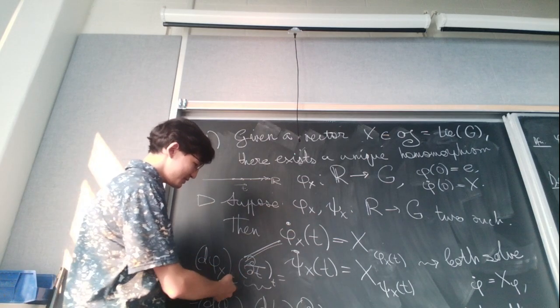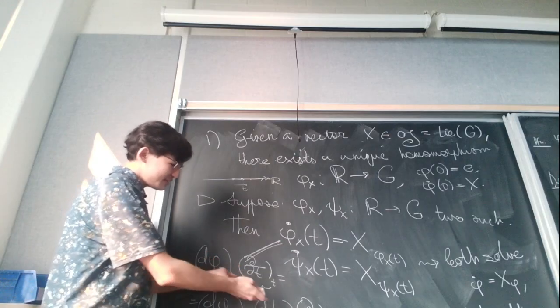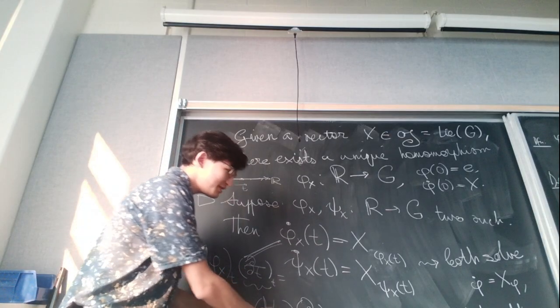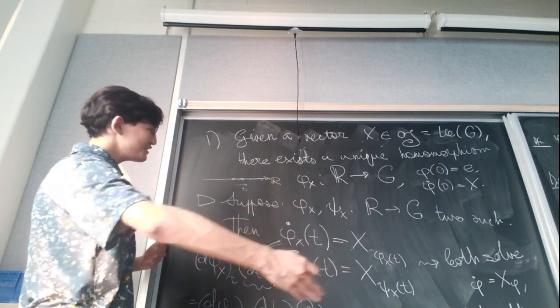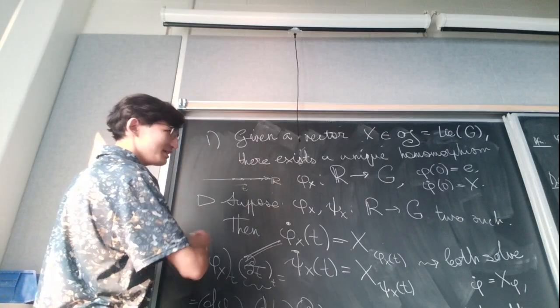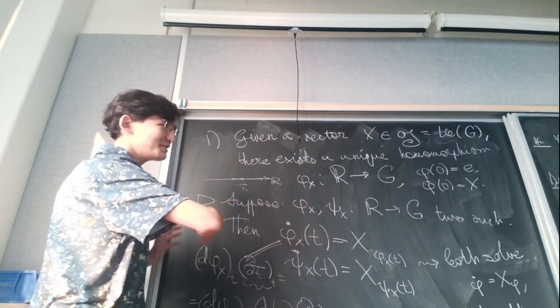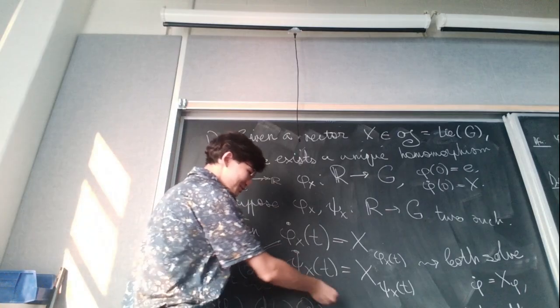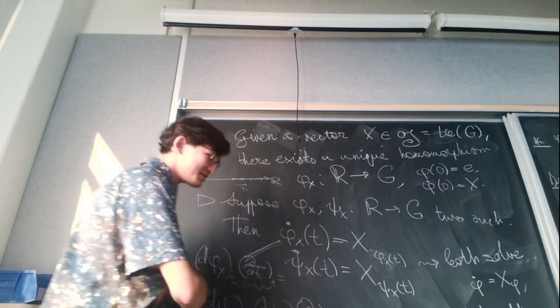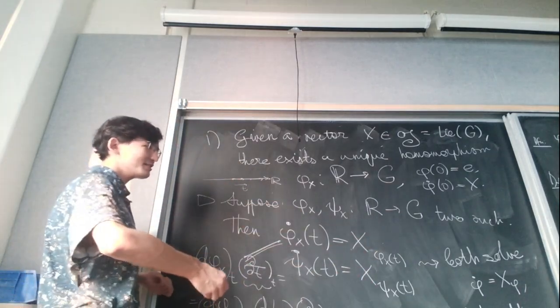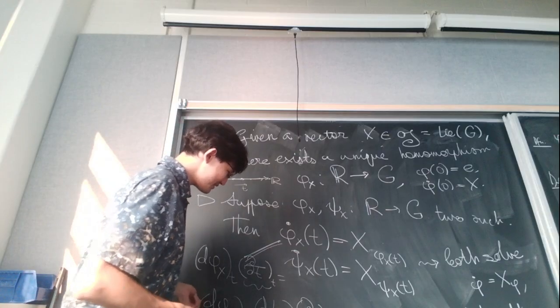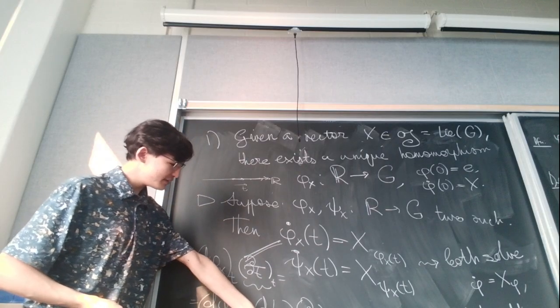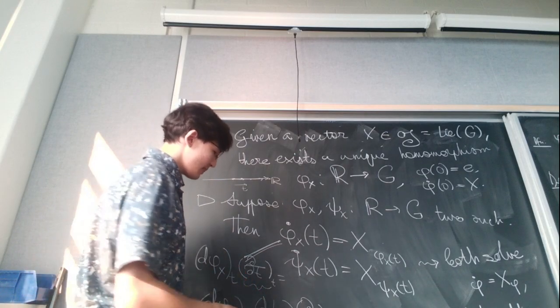Right. And then you would agree that left translation by t on the line is just additive translation on the real line. So in fact, if you take the unit vector at 0 and translate it by t, you get the unit vector at t.